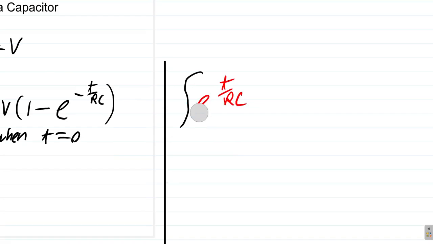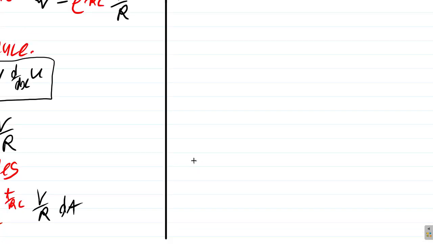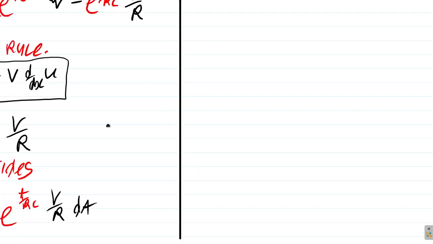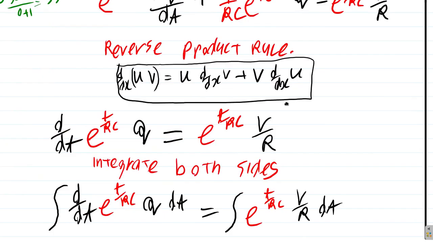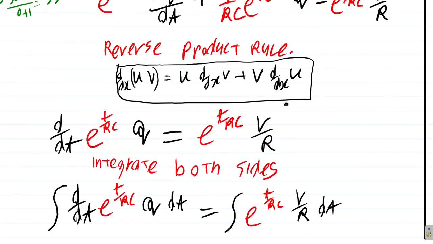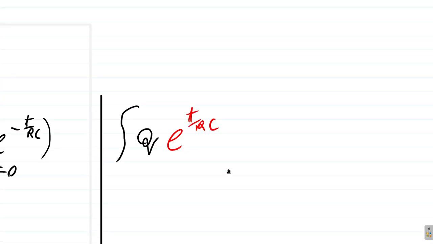So you're finding the integral of q times e to the t over rc dt, showing that t is the variable.